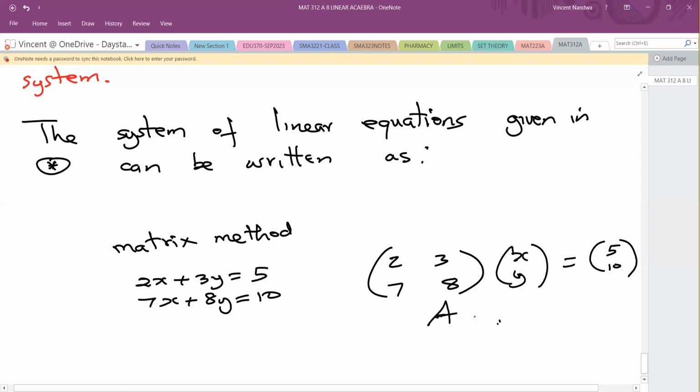Yeah, so it's the same thing that we will be dealing with. So we'll be calling this matrix A, we'll be calling this variable matrix X, and we'll be calling this constant matrix B. So it's exactly the same thing that you are going to have.